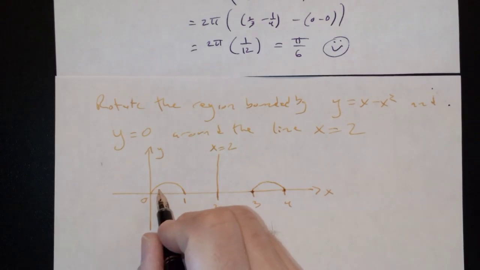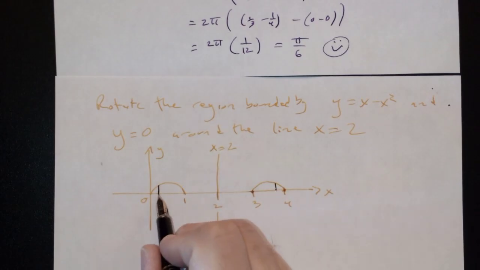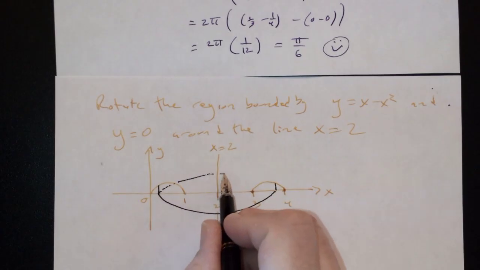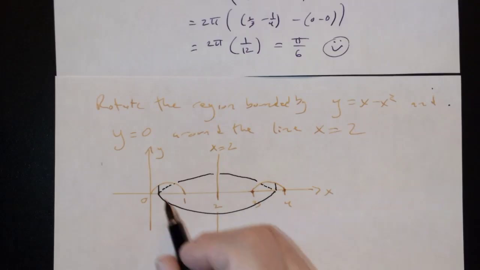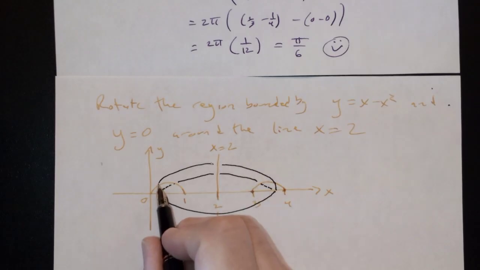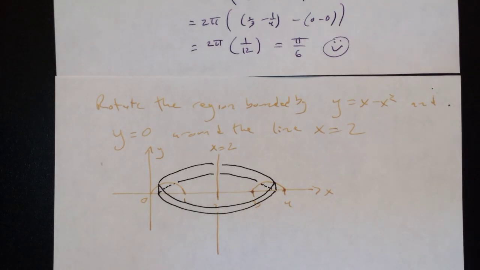This one. There's my little vertical piece that's going to be the height of my cylinder. And then that's going to roll around to here. And the top goes around. This one's a lot wider than it is tall.